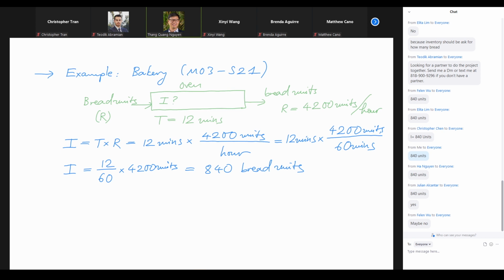If we buy a very large oven, then we have to have a big room. Think about 840 bread units. If it is a French bread style unit, it's going to be the size of a water bottle like this, right? And 840 is a very big number. So you have to have a very big room to house that oven.